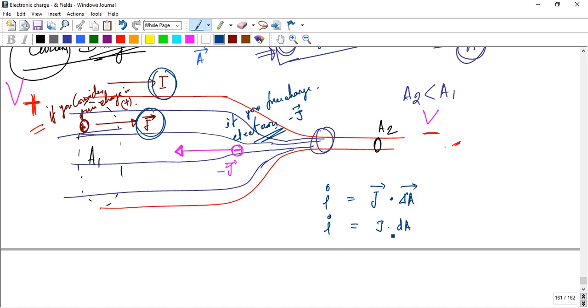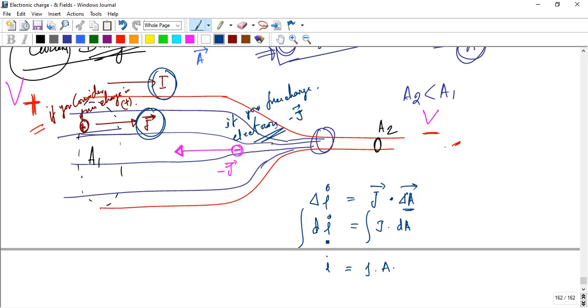If you integrate both sides, a small amount of area gives a small amount of current, dI. If I put the limit on both sides, the delta turns into d. Now integrating these, we get I equals J dot A. So that's the calculus, the mathematical calculation.